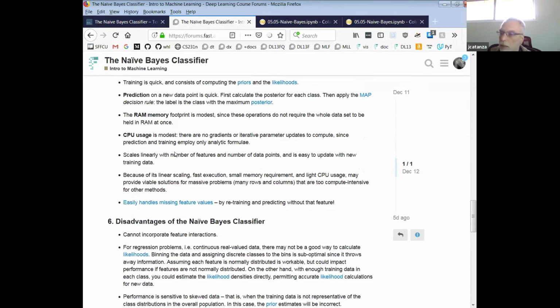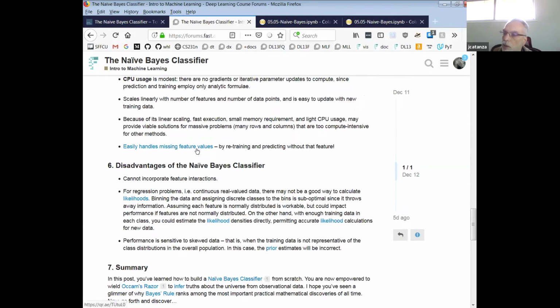If you get some new data, all you have to do is recompute the priors and the likelihoods, and those are just analytic formulas, and they're quick. Another good feature is that if you have missing features, it's easy to handle those, because the result turns out to not depend on missing features. So it's easy to predict without the feature that's missing.